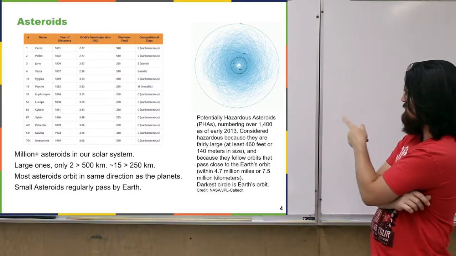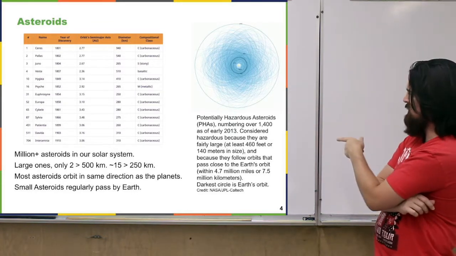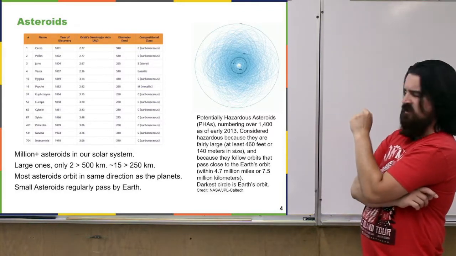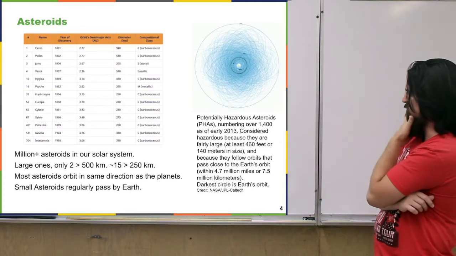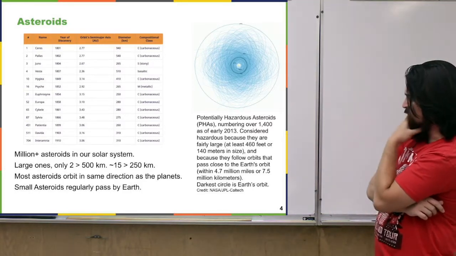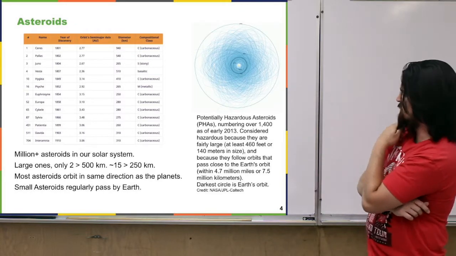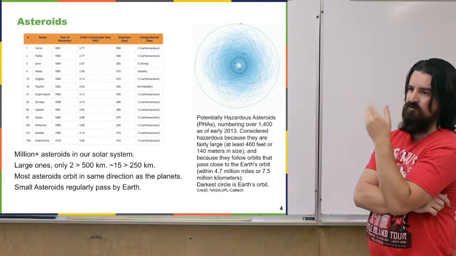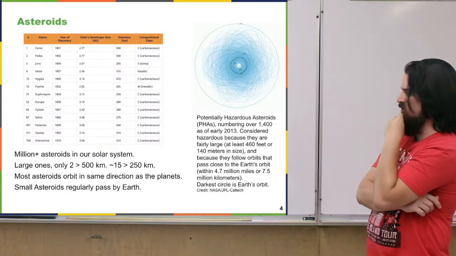I think this is actually something similar to that cataloging. Maybe it was a different project, attempting to find these potentially hazardous asteroids, ones that come within about 5 million miles of the Earth. So not that close, from our perspective, it's still pretty far away, but planetarily speaking, it's pretty close.